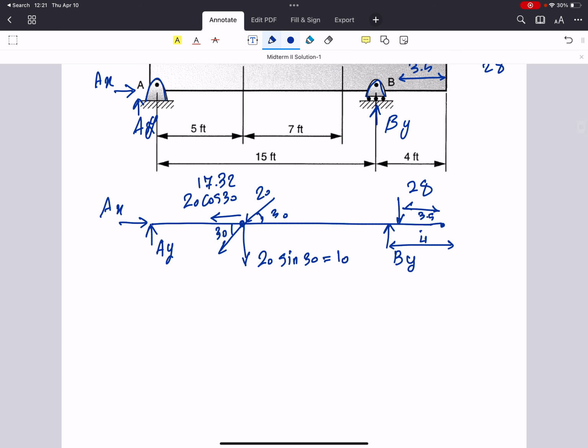We need to find AX, AY, and BY. Let's do one Fx equation.